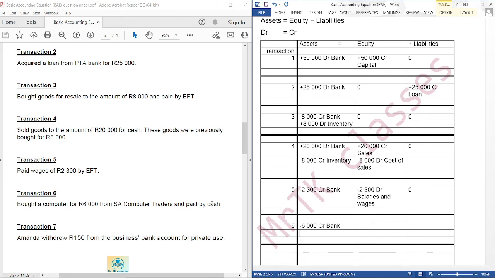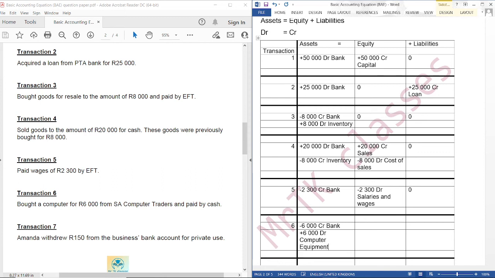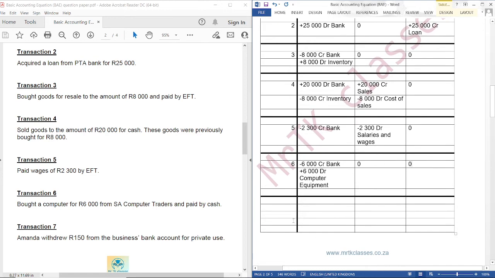So this computer was bought for office use, so we are going to increase an asset account called computer equipment. So it means we are going to have a minus 6,000 plus 6,000 is going to be 0 here, then 0 here, then 0 here. So 0 is equal to 0 this side. Credit and debit, right?